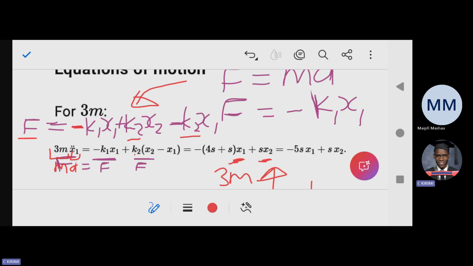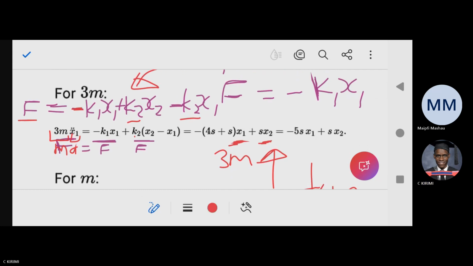Let me do it for you so that you see properly. Remember our standard equation: F equals, you factor out everything that is with K1, everything that has x1, and everything that has x2.